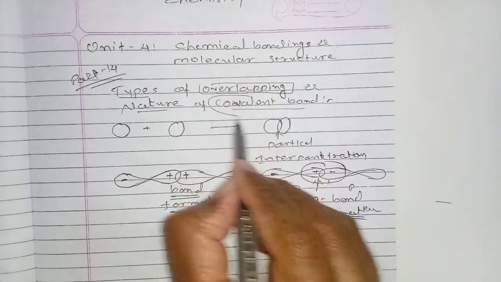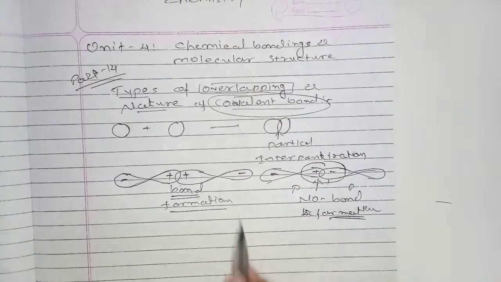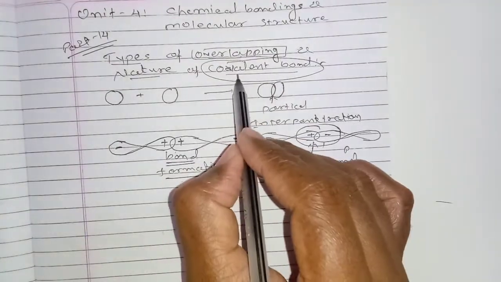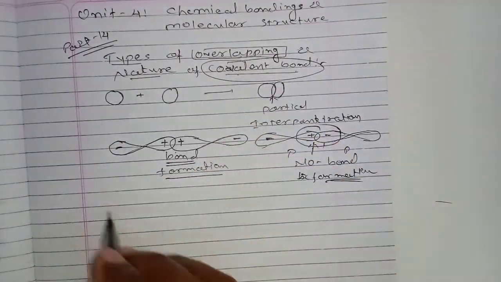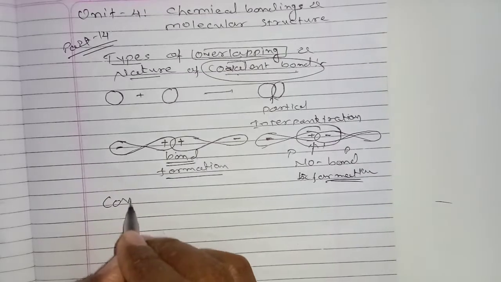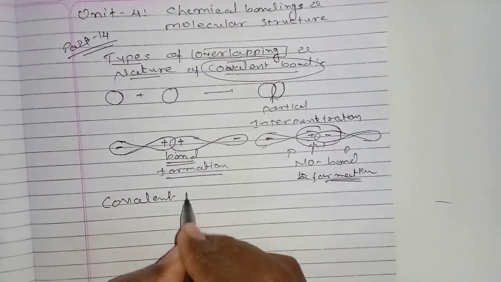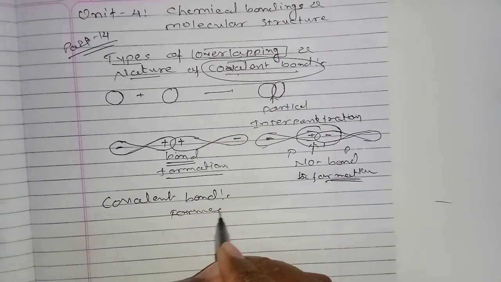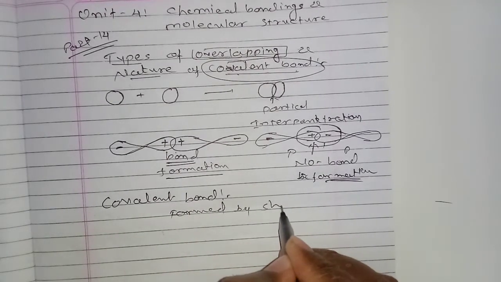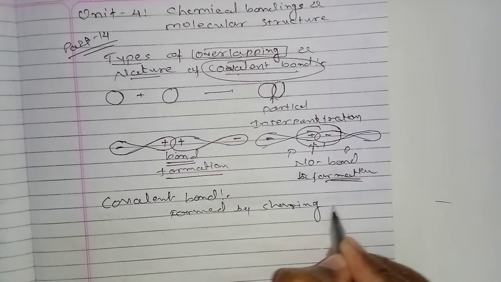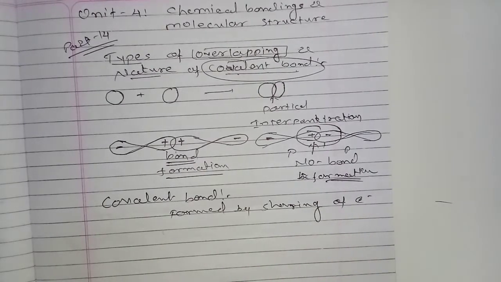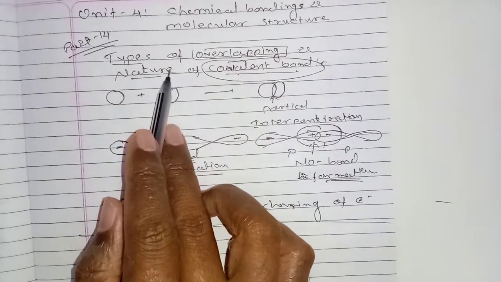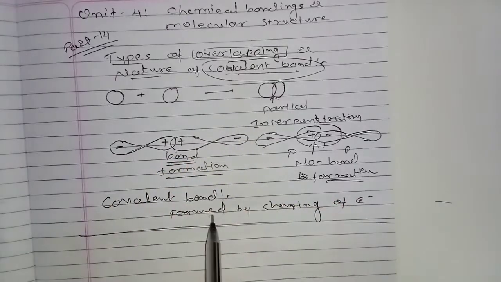And now the covalent bond. As we have already discussed, the covalent bond is formed by sharing of electrons.